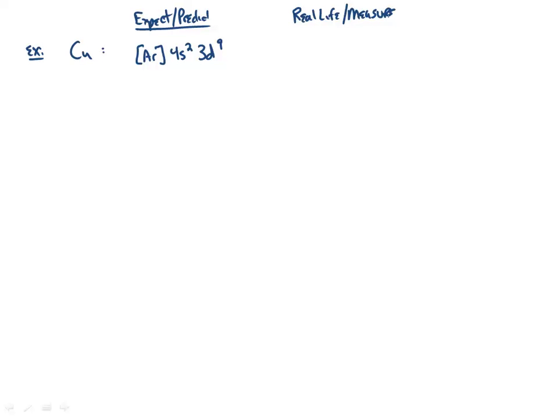Another example of an exception to the rule is copper. For instance, what we would predict would be that copper would look like argon with a 4s2 and a 3d9 shell. What we get experimentally, or what we actually measure, and this is why chemistry is an experimental science, meaning we can predict all sorts of things, and until you actually go and do the experiment to prove the prediction true, it's just a prediction.